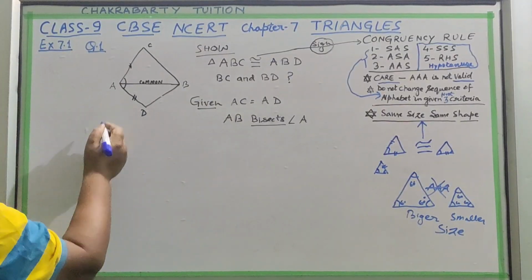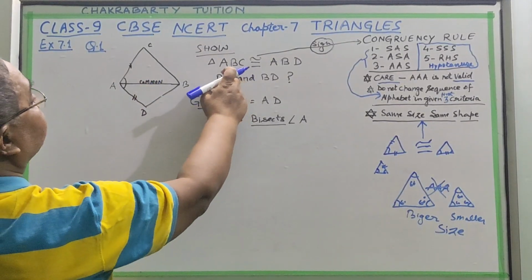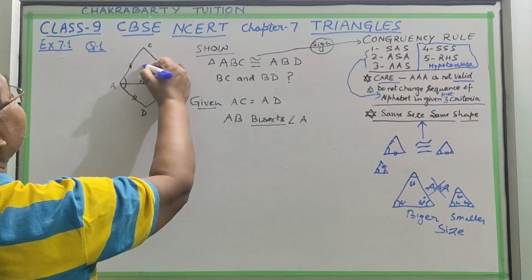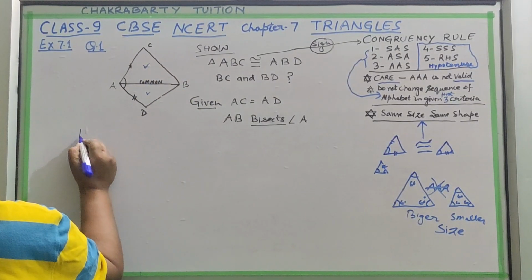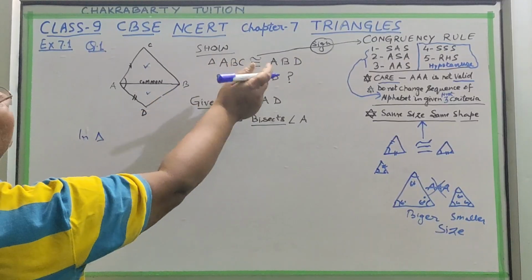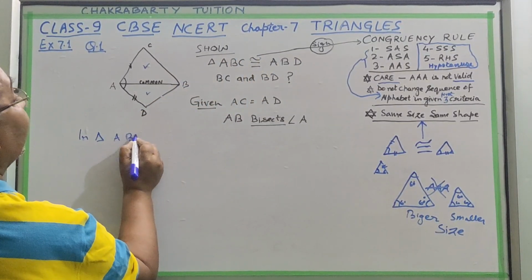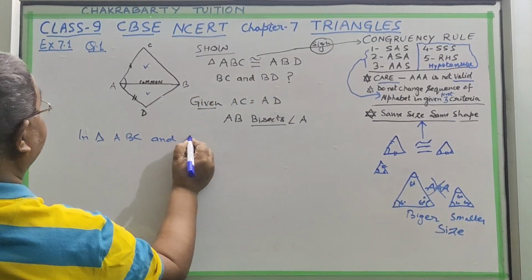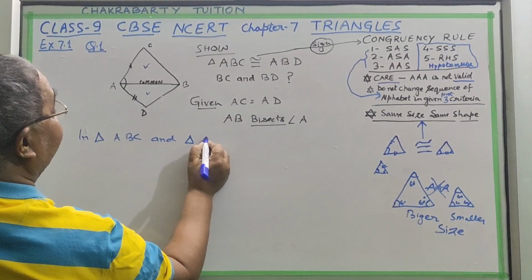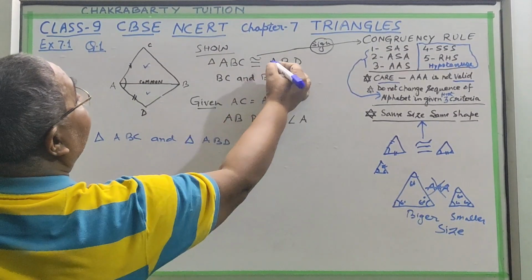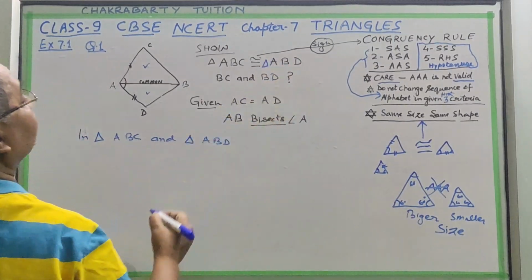So here you see you have to prove. What you have to prove? This triangle ABC and this triangle ABD. First you have to write in triangle whatever you are going to prove. In triangle ABC and triangle ABD, you have to prove this.